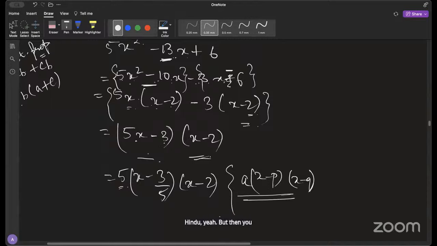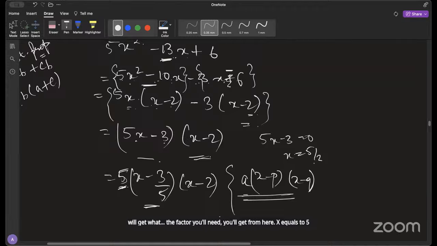But then you want it in this form, so you'll have to make sure that your 5 is here. If you do 5x minus 3 equals 0, you'll get the factor you need, x equals 3 by 5. So you'll get x minus 3 by 5. But then the 5 you'll have to take care of.